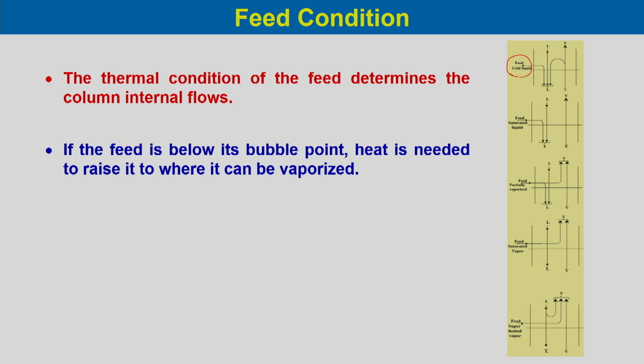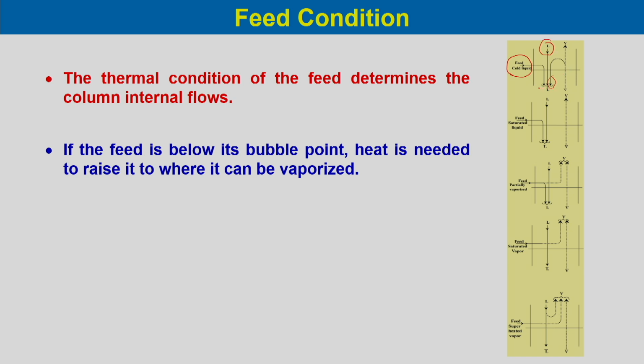So, what will happen in this case? There is a liquid flow from the top of the column coming down, and since this feed is cold, some part of the vapor which is going up will condense, along with the reflux liquid coming down to the tray above the feed tray.